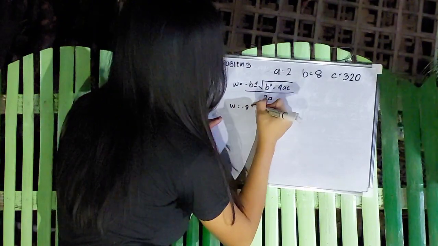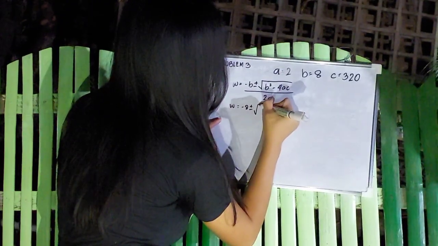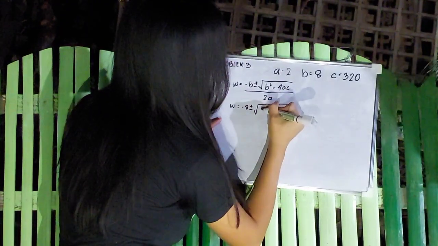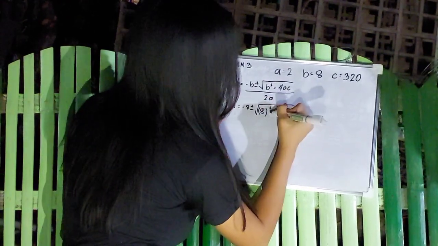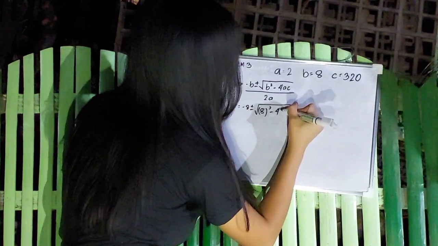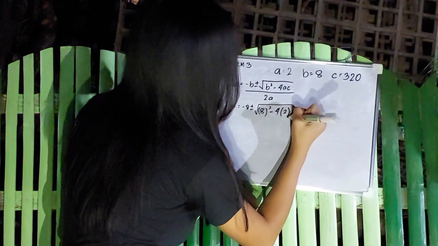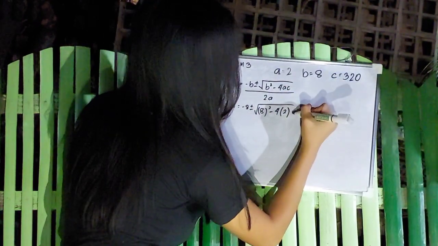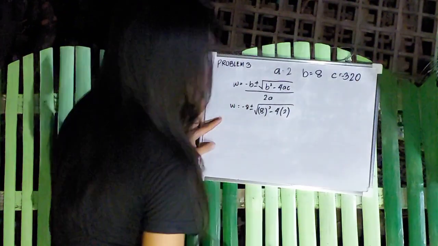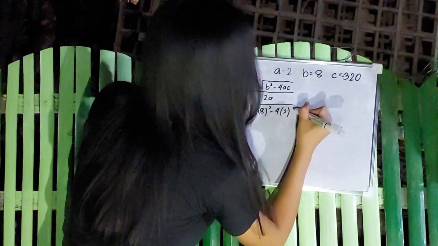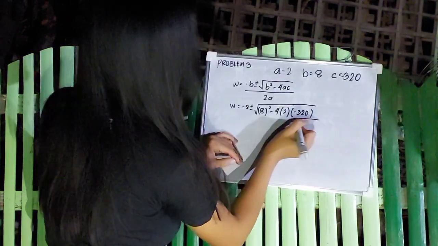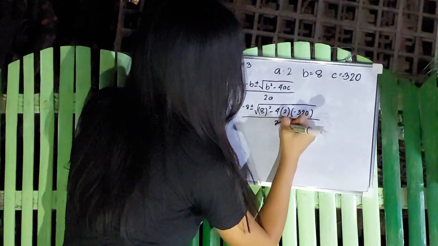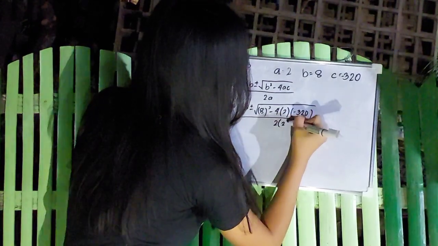So negative 8 plus or minus square root of 8 squared minus 4 times 2 times negative 320, over 2 times 2.